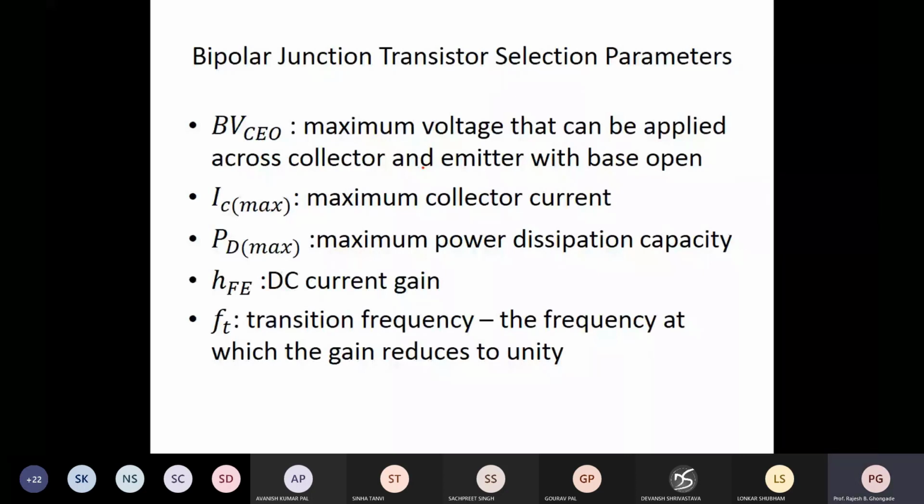The collector base junction breaks down and is damaged permanently. Then you have the maximum collector current, the maximum power dissipation capacity, the DC current gain hFE, beta DC it is also called, and the transition frequency. Transition frequency is not important for our discussion here.